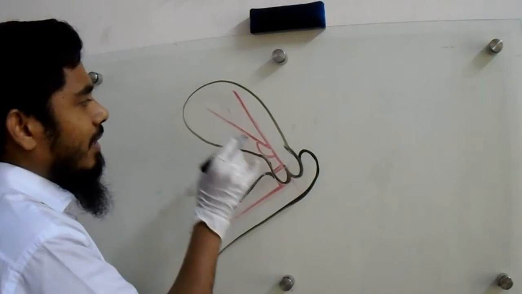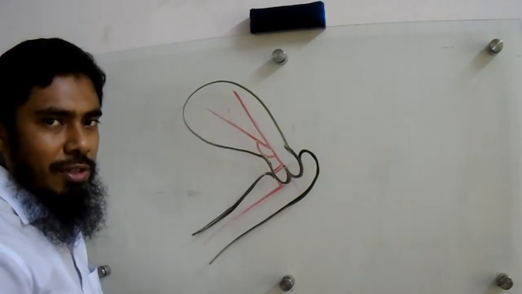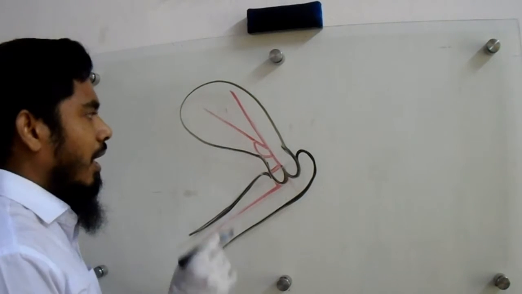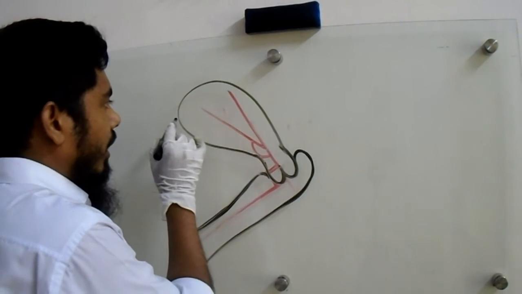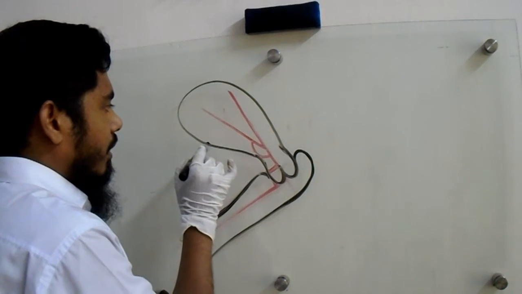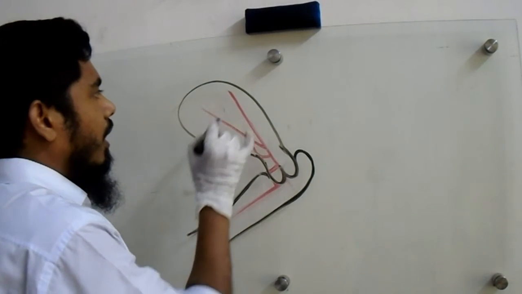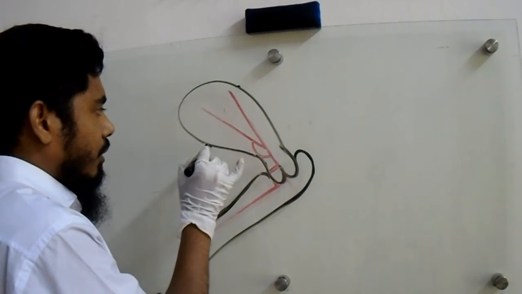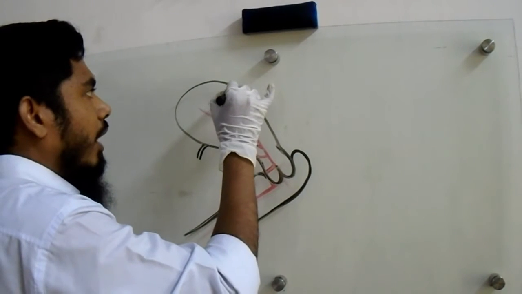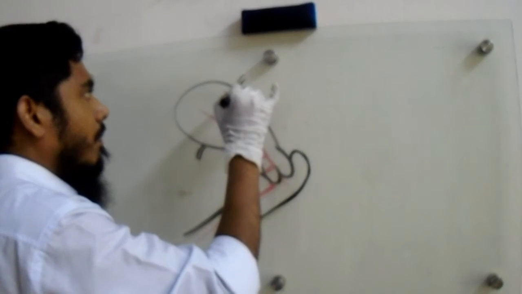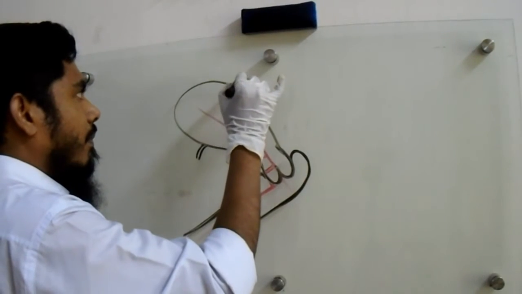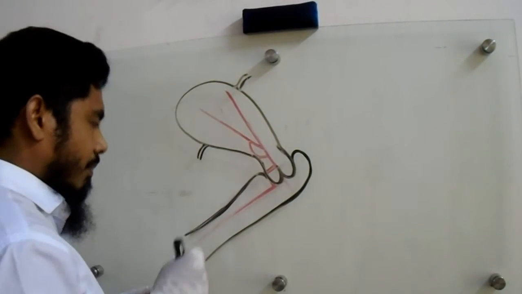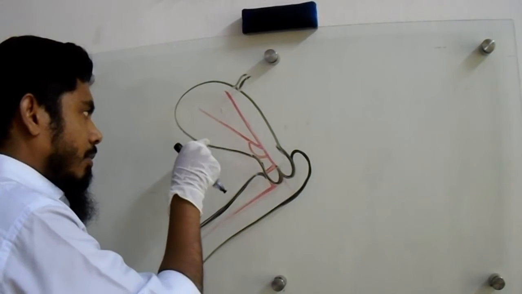Keeping this line at its center position. Now, just identify the midpoint from here to here. Here is the midpoint, and here this one is the midpoint, and from there the intramural and the isthmus of the uterine tube will be drawn.